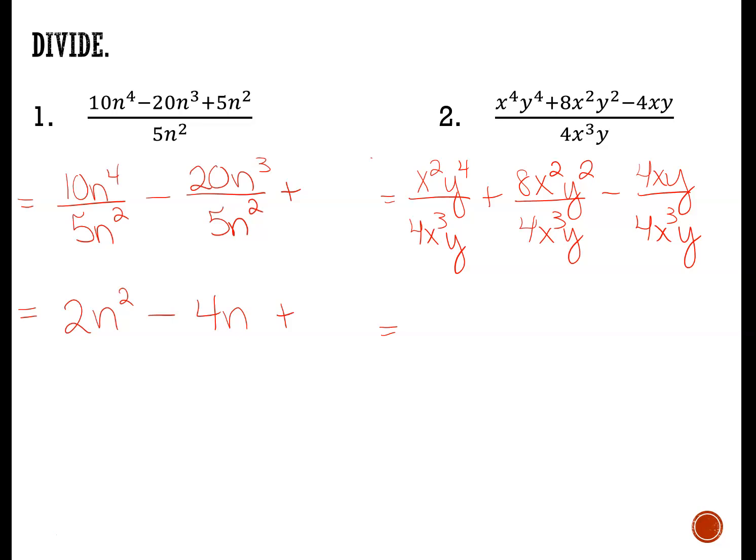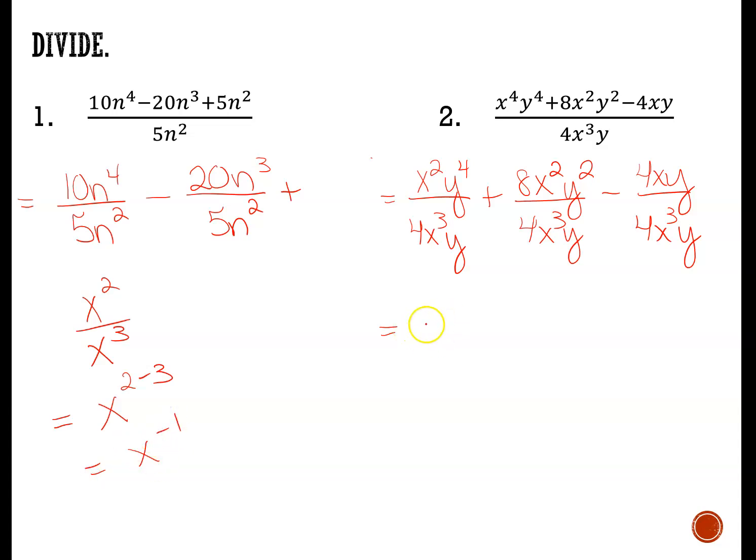Now the variables. When you have division with variables, it's the top exponent minus the bottom. So if I had x squared over x cubed, which is what I have here, the rule says to do 2 minus 3 as the exponent, and that would make a -1.